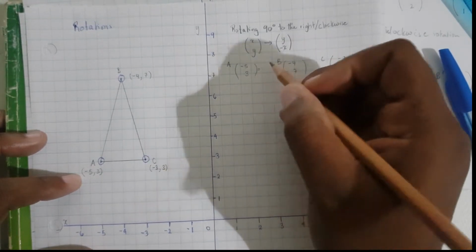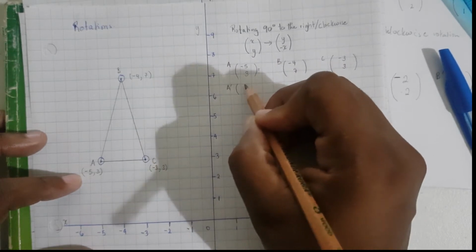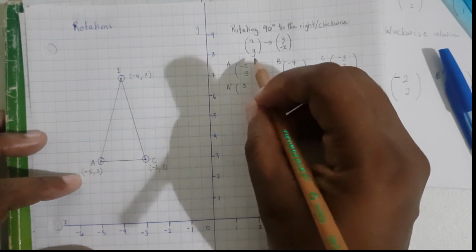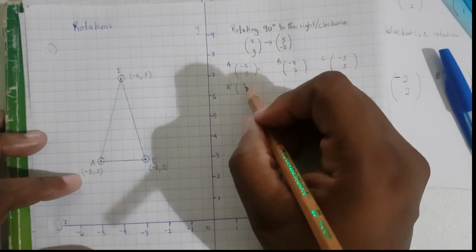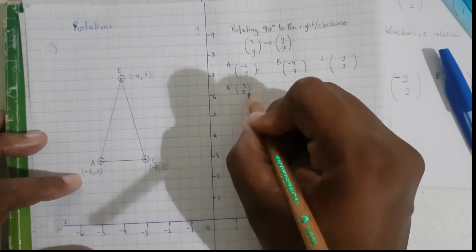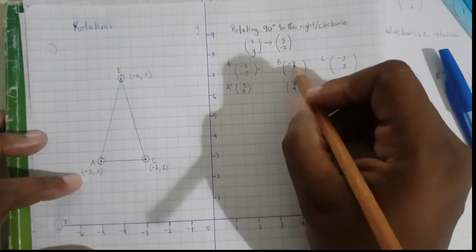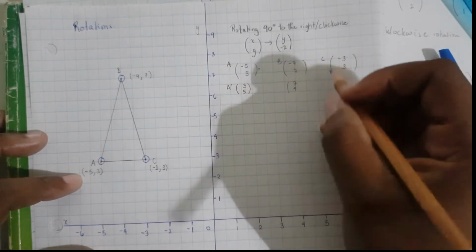So this now should flip. So A prime should have 3, and it flips. They have 3, -5, right? But it's going to be multiplied by a negative 1, so this would be 5. And then B prime would flip and you will get 7, 4, because we're multiplying this value by negative 1.